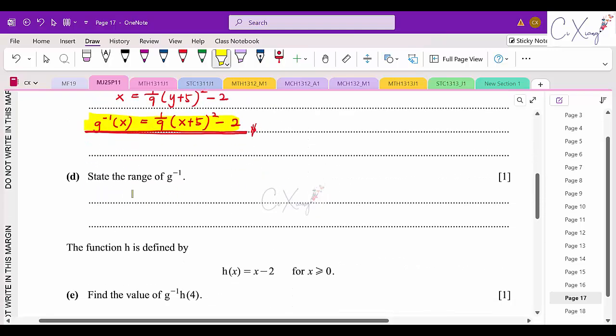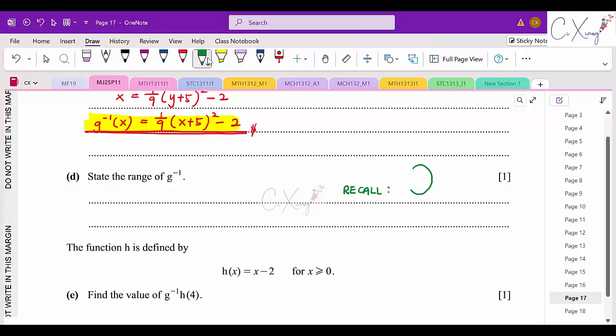Now they ask you to state the range of the inverse function. Can we know the range of the inverse function? You have to imagine an important rule about the inverse and the original function. When we map x to y, this is the function g, and if we go the opposite way, it is g inverse.